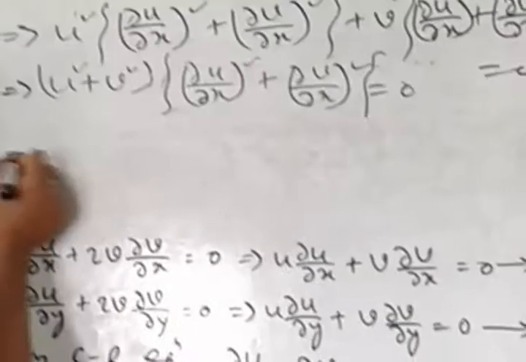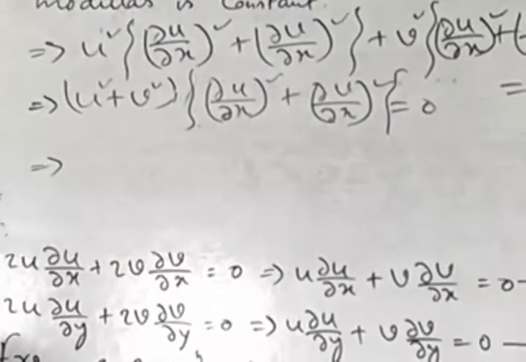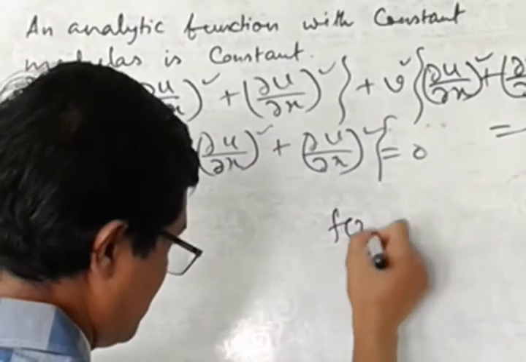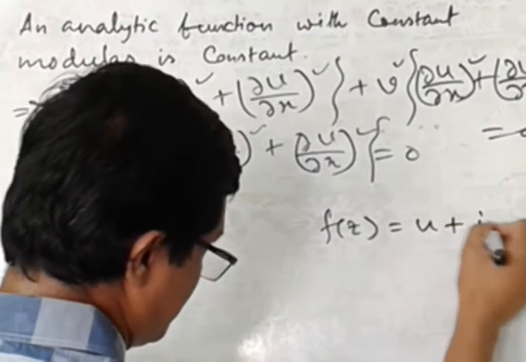So this can be written, as we know, we considered initially f(z) is equal to u plus iv.